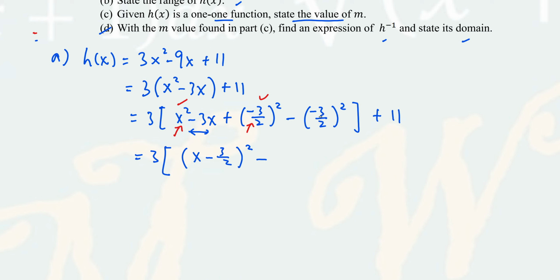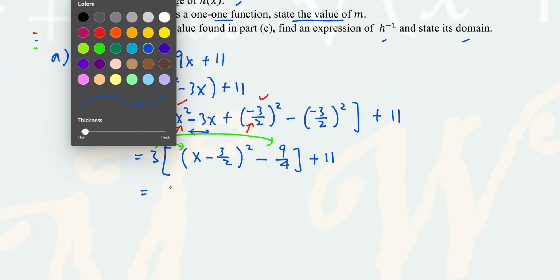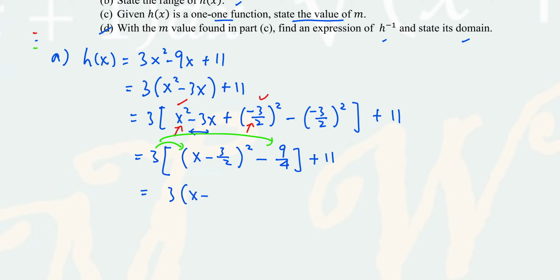Then minus the square of minus 3 over 2, which is 9 over 4, and then plus 11. From here, when you do the expansion, just multiply. I will be getting 3 bracket x minus 3 over 2 squared, then minus 9 over 4 times 3 plus 11, which is going to be plus 17 over 4.